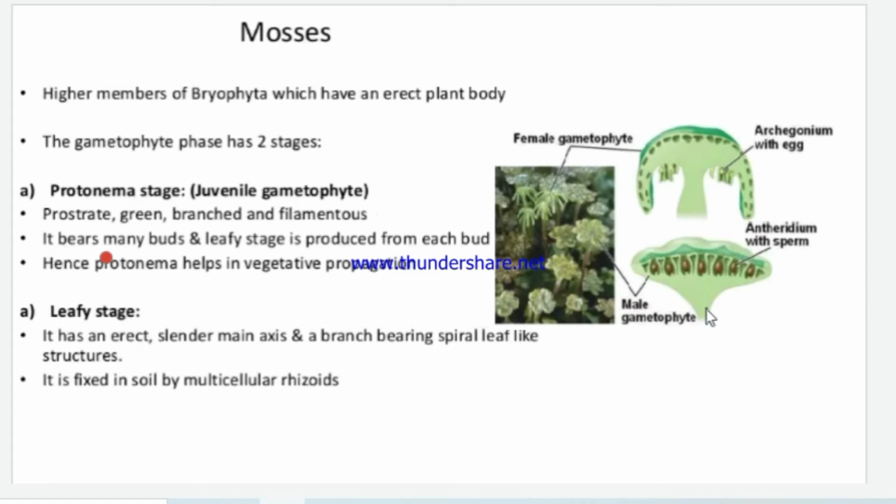It bears many buds and the leafy stage is produced from the buds. Hence, protonema helps in vegetative propagation. The leafy stage of the gametophyte has an erect, slender main axis and branches bearing spirally arranged leaf-like structures. They are fixed to the soil by multicellular rhizoids. Again, these multicellular rhizoids are the characteristic feature of the mosses.